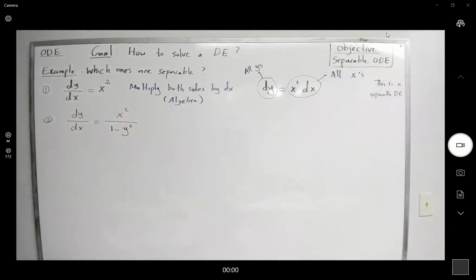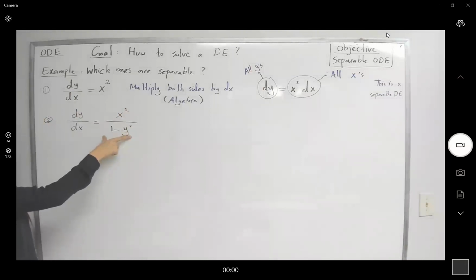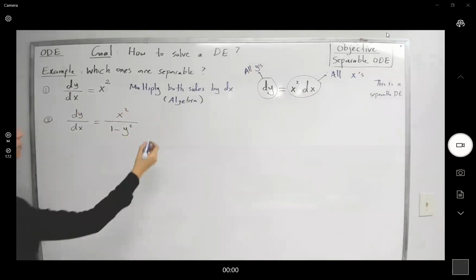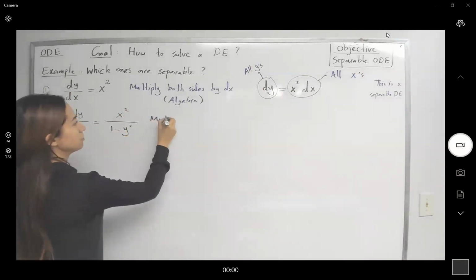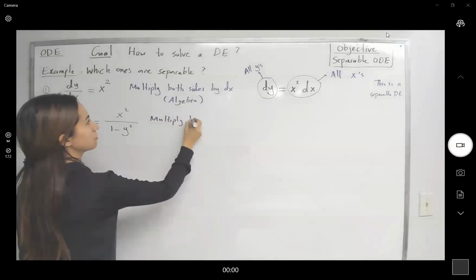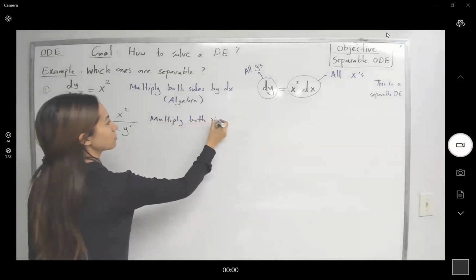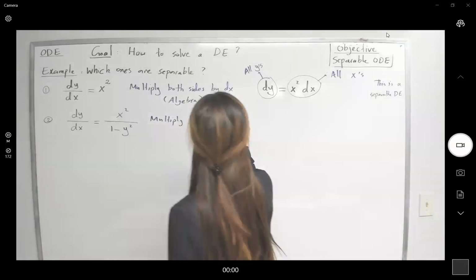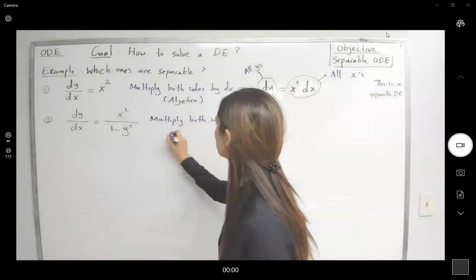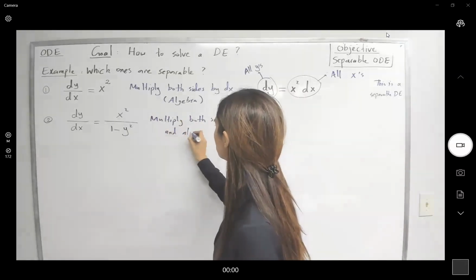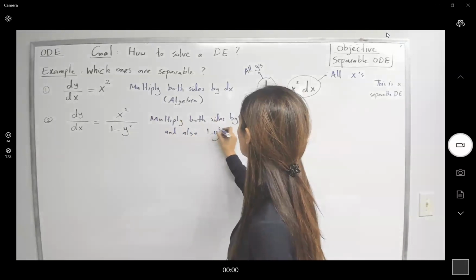Is this separable? We can get rid of the denominators by multiplying both sides by dx and also 1 minus y squared.